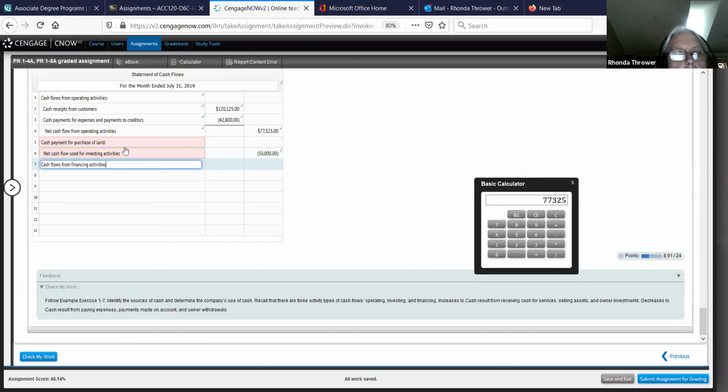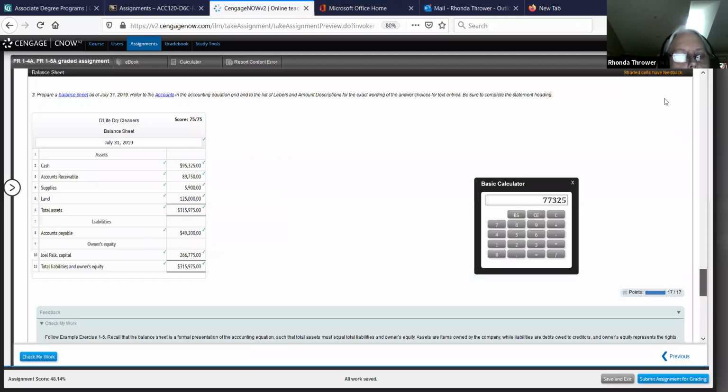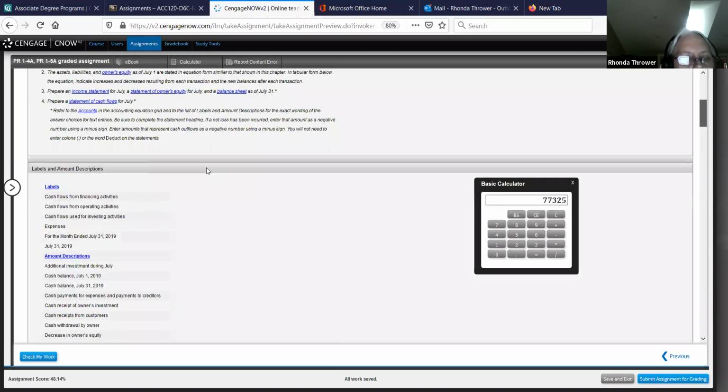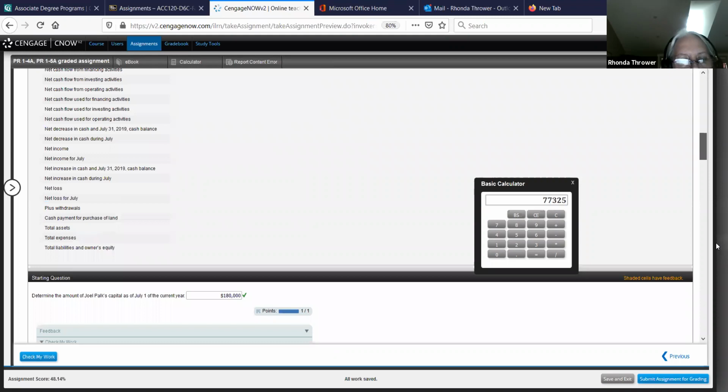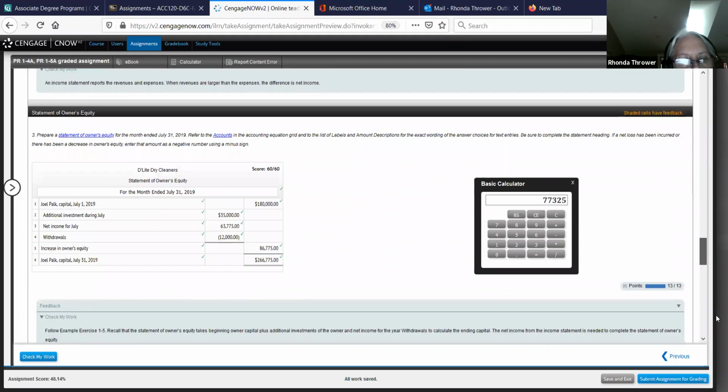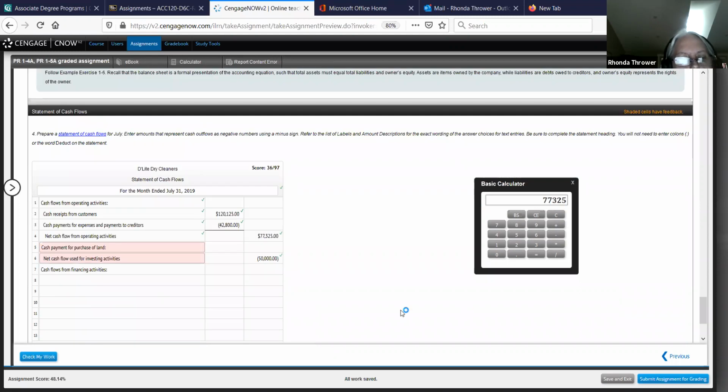So I'm thinking that this red one here should be something like cash flows from investing activities. So let me try it one more time, but we'll continue on till I get this straightened out for you. See if it'll go here.